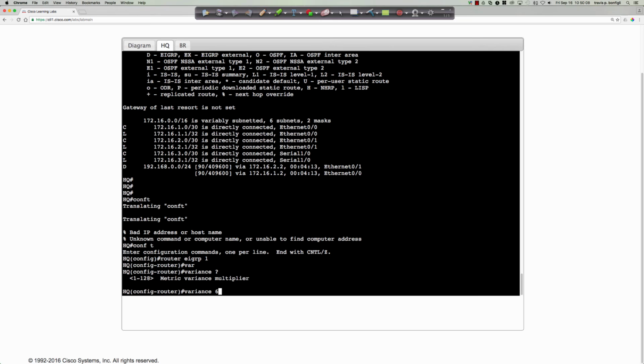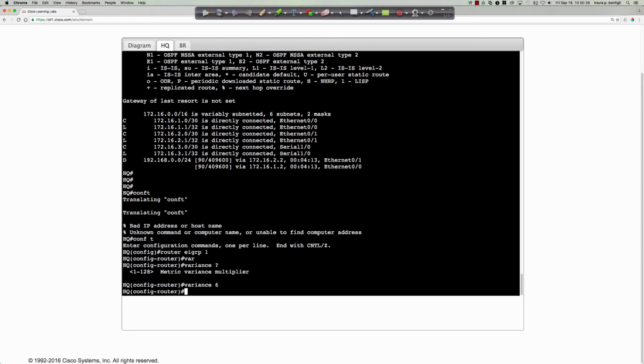What we saw before, when I had left the delay 999999 command on the interface, is that if we would have done the division then, it would have been like 629 point something, and EIGRP is smart enough to say, no, you're crazy to try to do that. We are not going to use that path. Because I can only go up to 128 times the computed distance of the current successor. If it was 129 times that value, EIGRP is going to say, you'd be nuts to do that, so I'm not going to let you use that path.